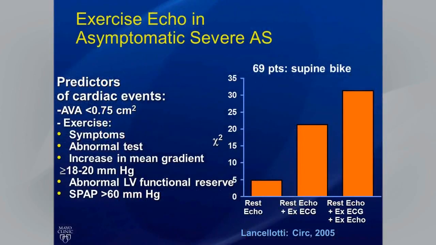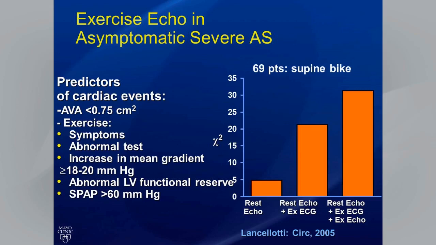Now, exercise echo can also be applied to asymptomatic severe aortic stenosis. And in such a patient, predictors of cardiac events include a valve area of less than 0.75 centimeters squared, or with exercise, the development of symptoms, an abnormal test, which would be defined as marked ST segment depression, hypotension, marked ECG abnormalities.